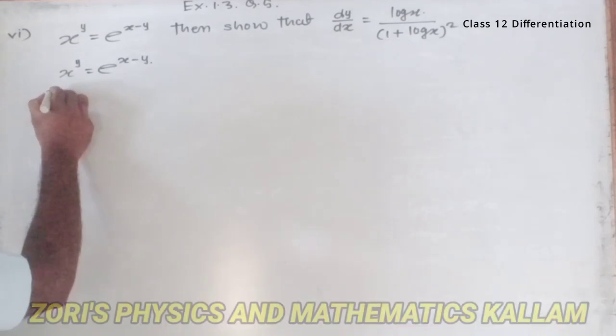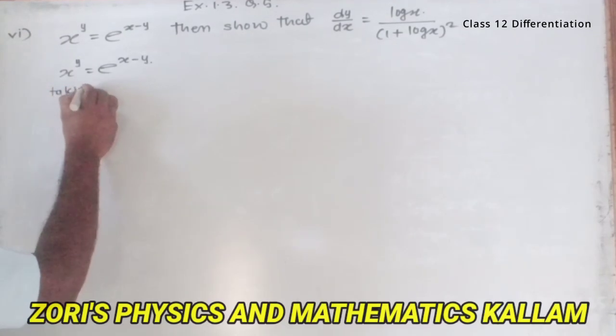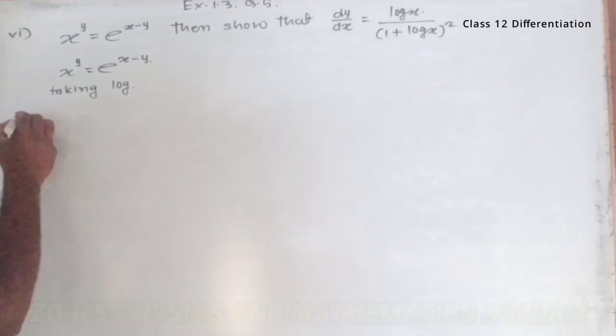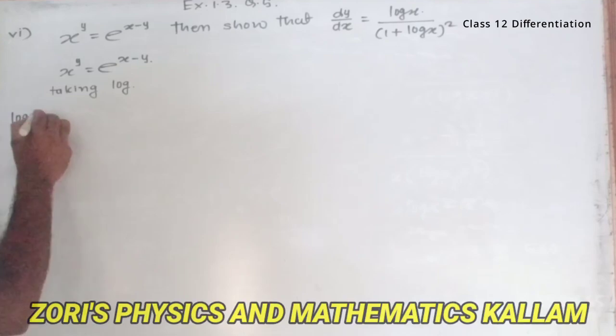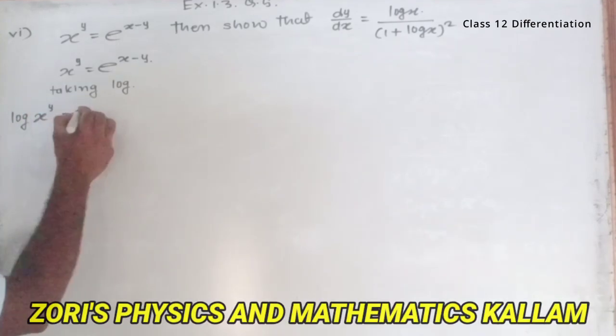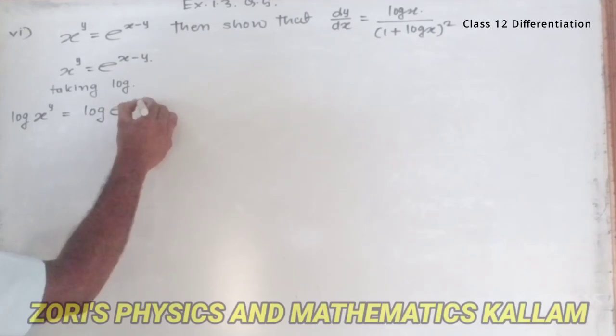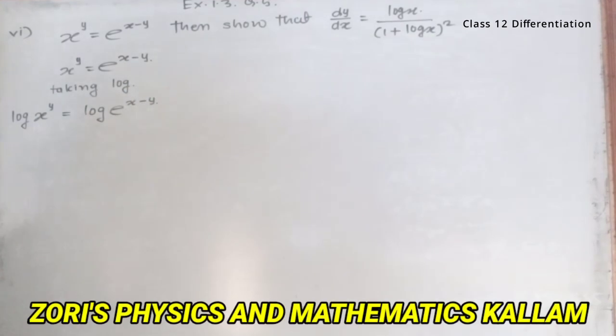Now take a log. Taking log on both sides, what happened? log x^y = log e^(x−y).